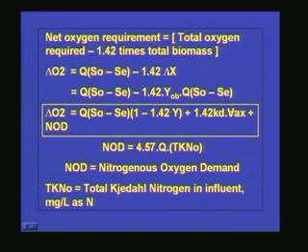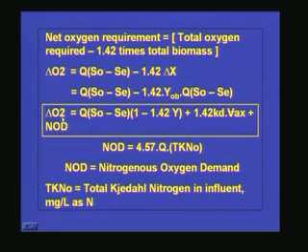We can write this again as Q into (S0 minus S) minus 1.42 into Y observed into Q into (S0 minus S). This is the observed yield coefficient, which takes care of the decay part.